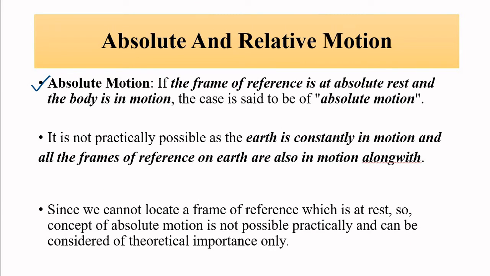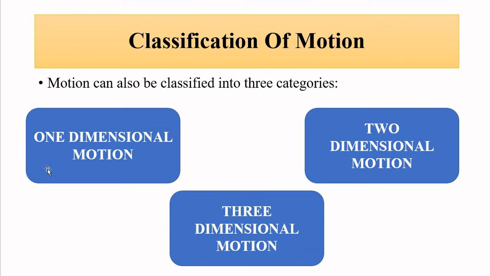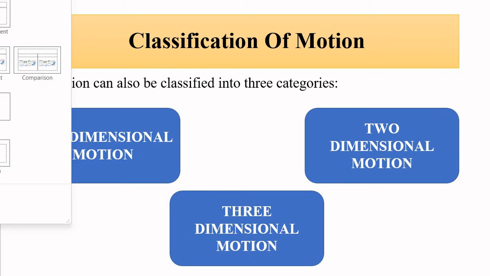Another way to classify motion is one-dimensional, two-dimensional and three-dimensional motion. Like I said, we use the Cartesian coordinate system to quantify and measure the movement, the magnitude, direction, everything. Here the origin is the point of reference. Then we have motion along the x, y and z axes.